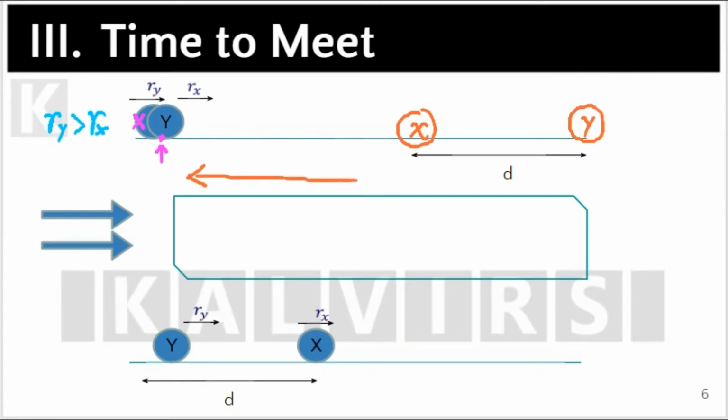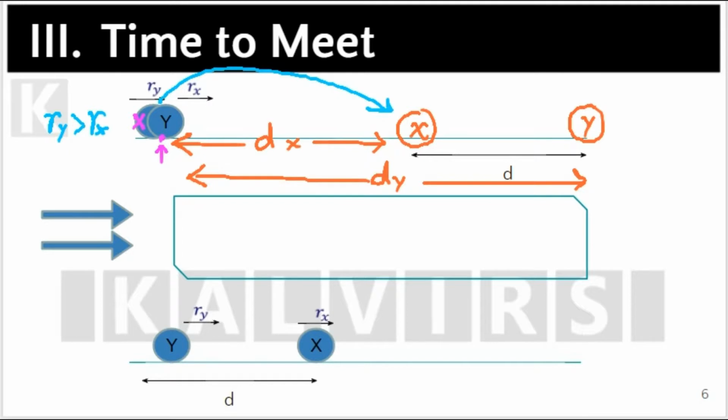This is the distance car Y is going to travel and this is the distance car X is going to travel. Now, since they start moving at the same time, the time for each of them is the same. This is t, and the time for car Y is also t.